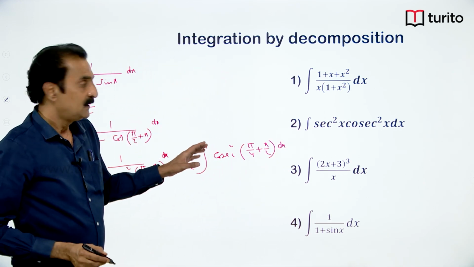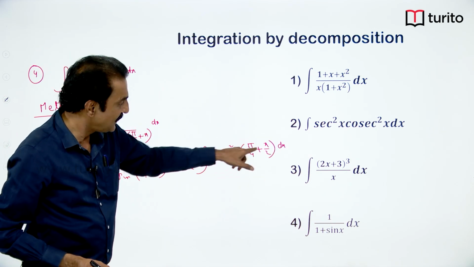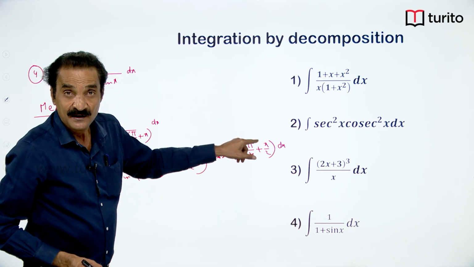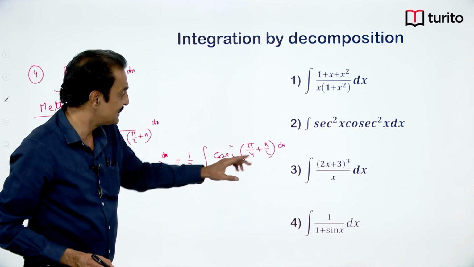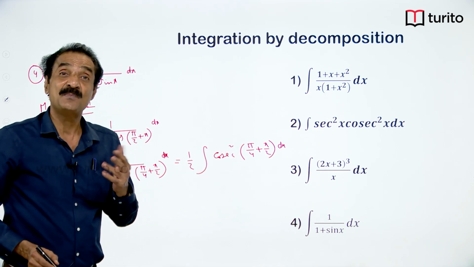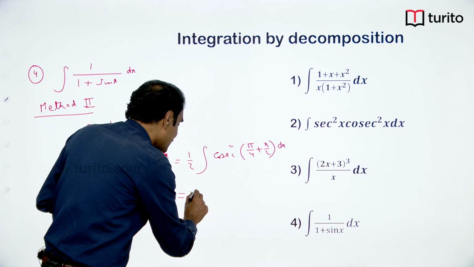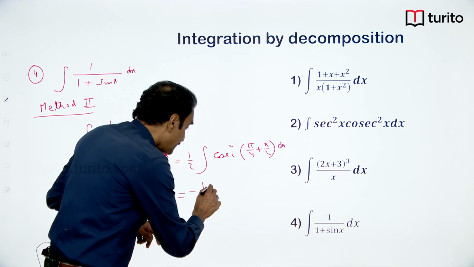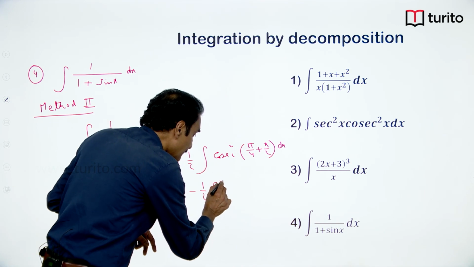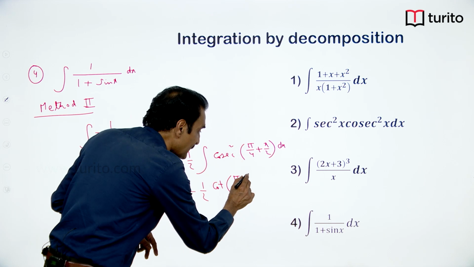Now, assuming that this is some x, because it is in the form of ax plus b, inner derivative is constant 1 by 2. So, I can assume that this is x, then integral of cosecant square x is minus cot x. So, its integral is minus, write half as it is, minus cot of pi by 4 plus x by 2.